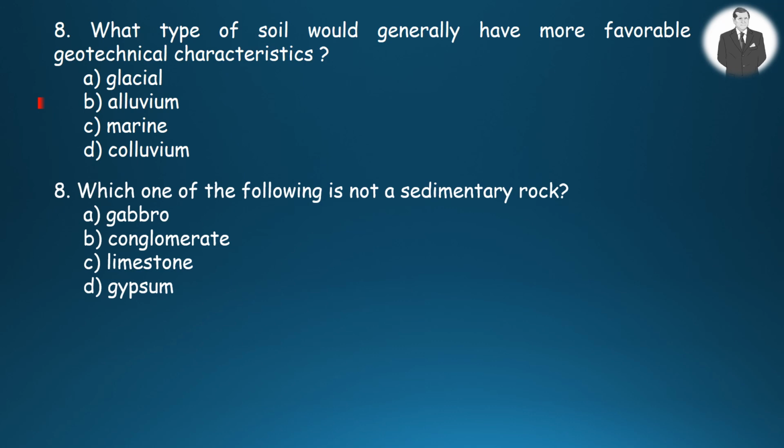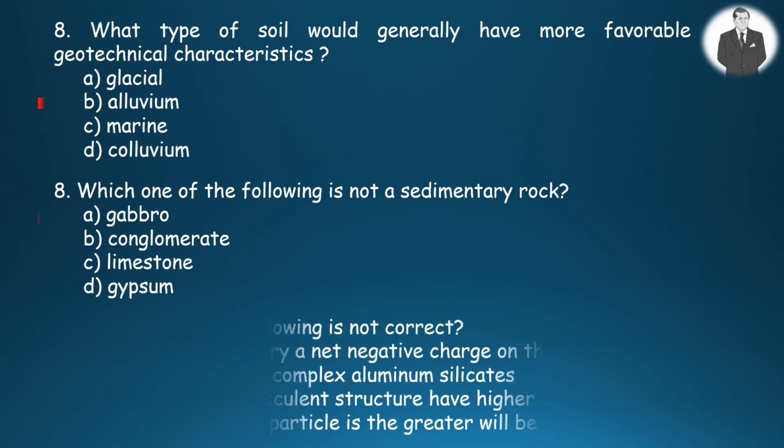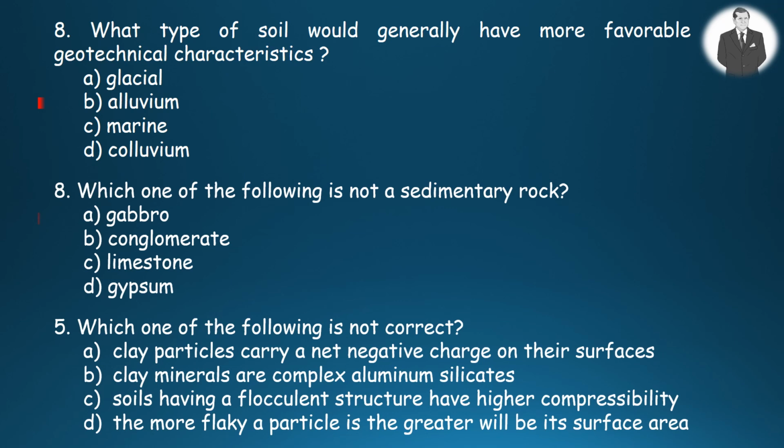No, no, the answer is gabbro. And finally, which one of the following is not correct? Yes, you got it. The answer is C. Soils having a flocculent structure have higher compressibility. Well done.